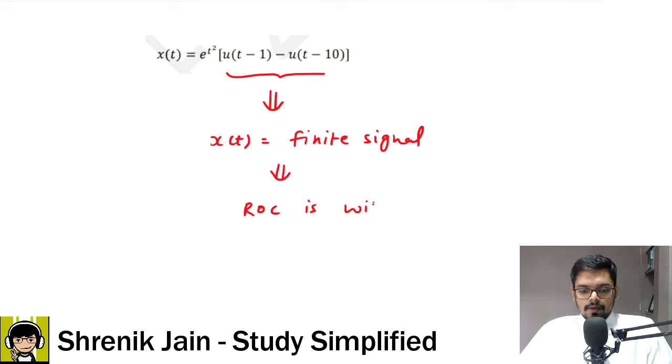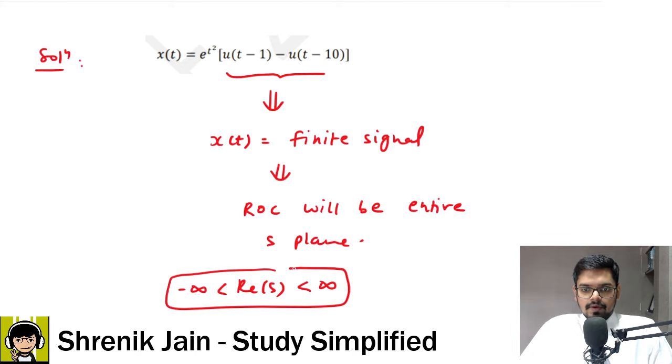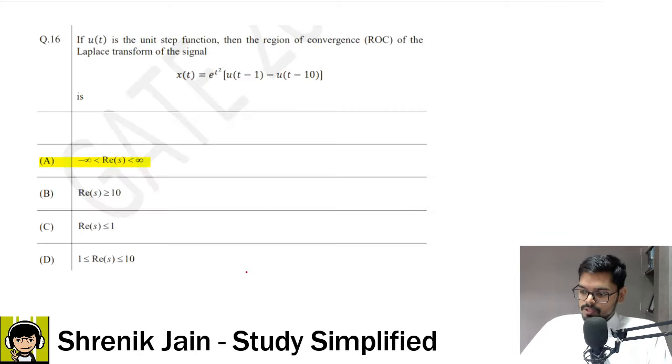So ROC will be the entire S plane. Therefore the correct answer is real part of S greater than minus infinity and less than infinity, because the given signal was a finite duration signal. Understood?